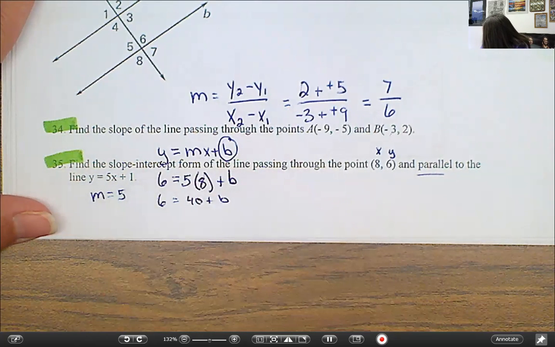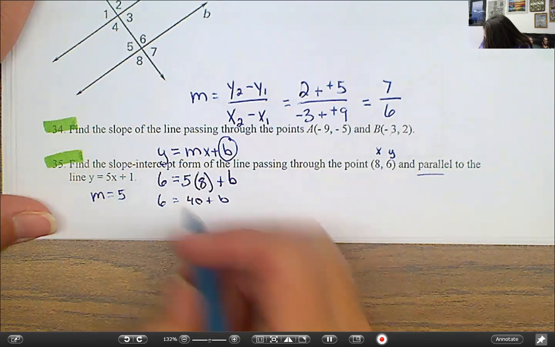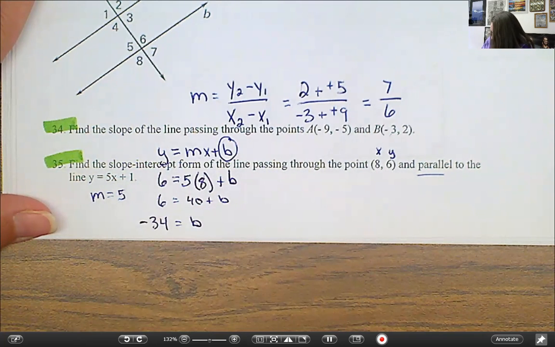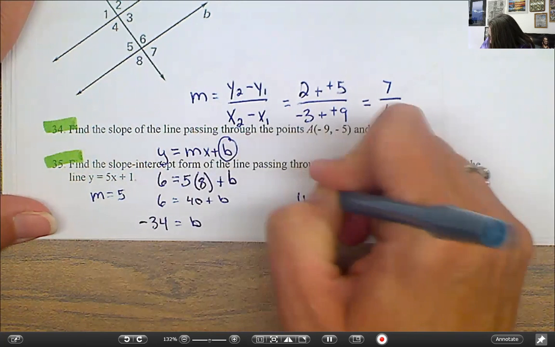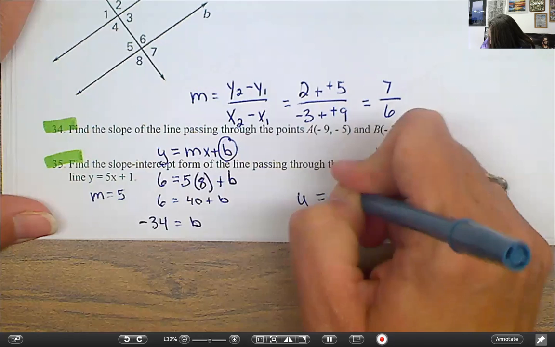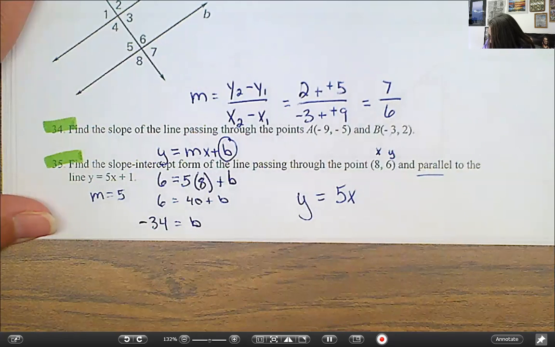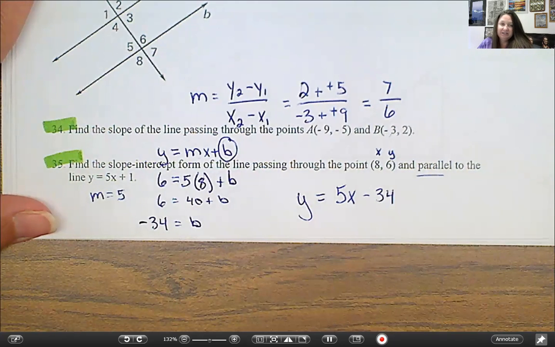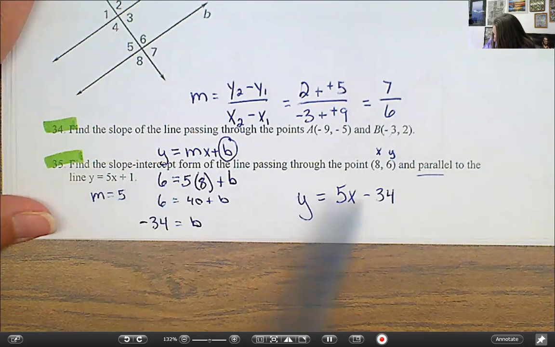If we were to subtract 40, 6 minus 40 is going to give us a negative 34 for that y-intercept, or b. So when I write my equation, I'm going to write it as y equals 5x, because I want the same slope, and then minus 34. And you should see then these two lines would be running parallel to each other because they're at the same slope.